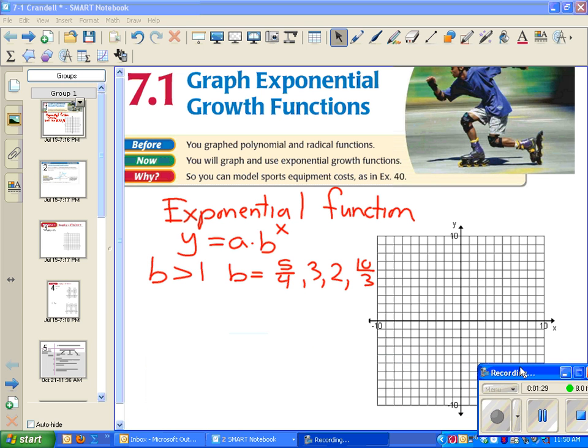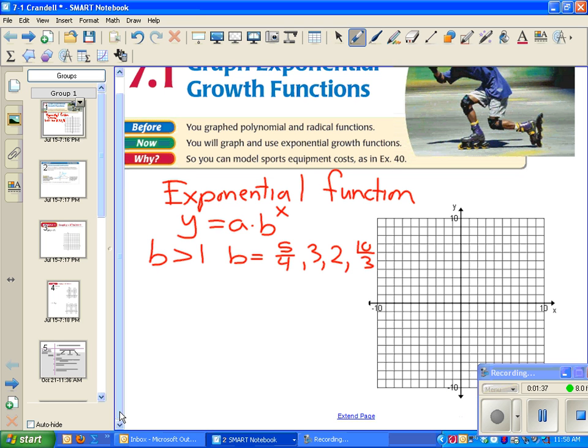Right. So we're just going to graph something basic so you can see how it works. We're going to graph this one. So x, and our function is going to be y equals 3 times 2 to the x power. All right, so if we don't know what a graph looks like, we're just going to do a bunch of them.